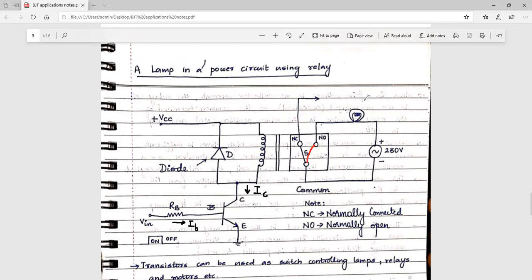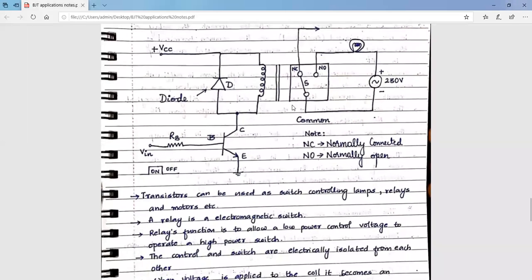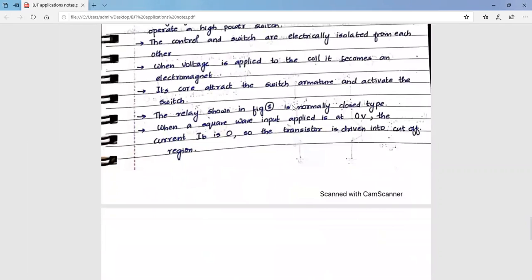So this indicates how you can use this transistor to operate, where a low power control voltage is going to control a high power switch. Clear? So, let us see the last two points.